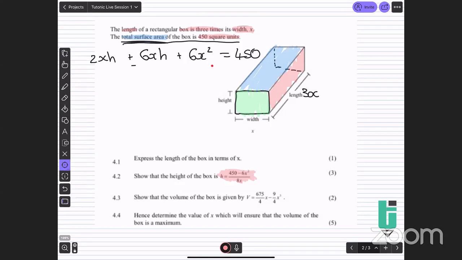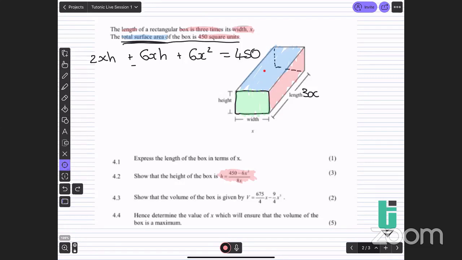If you didn't make this equation, then you read that statement and think, whoa, this looks so complicated. But then you think, actually I already have an equation. Can't I just make h the subject? So when you read these questions, surface area, always think equation. These are just tricks that will make your life so much easier.